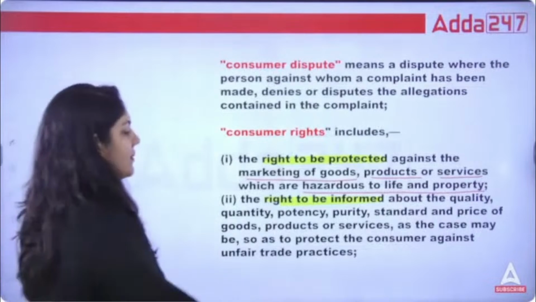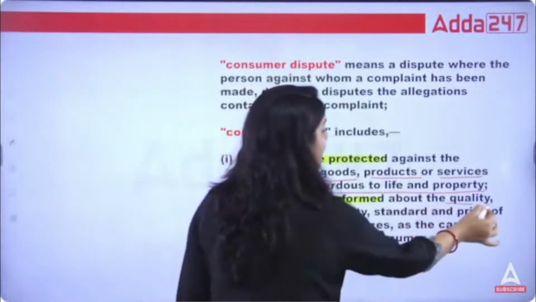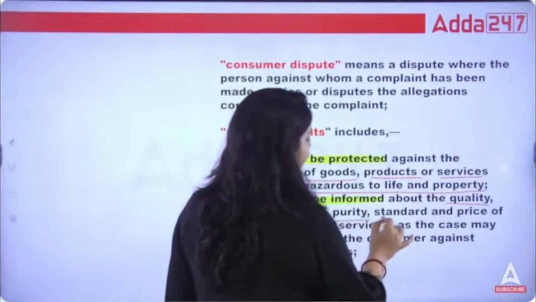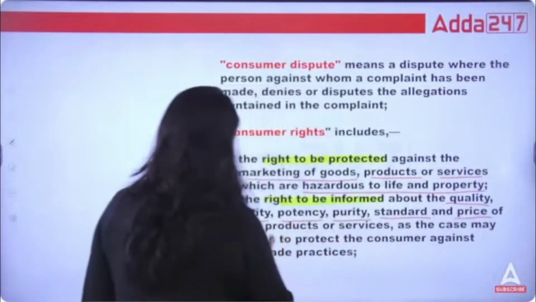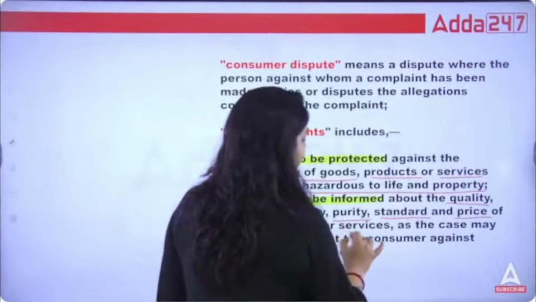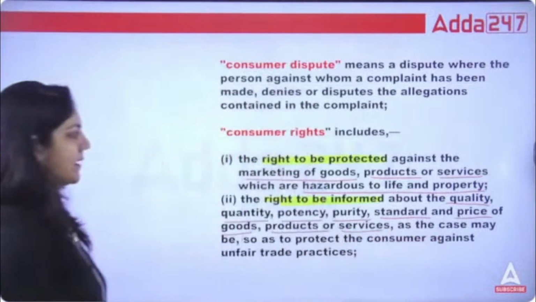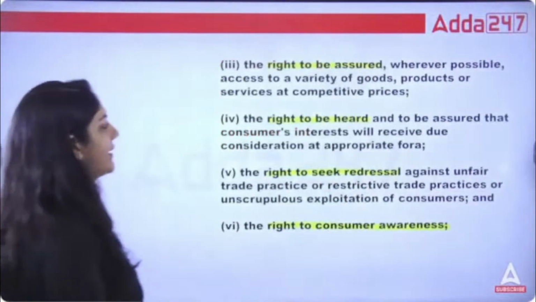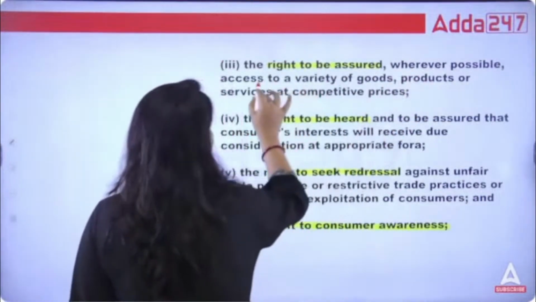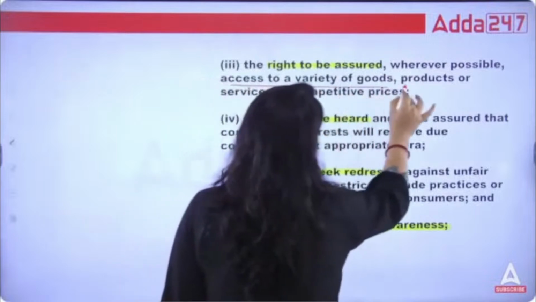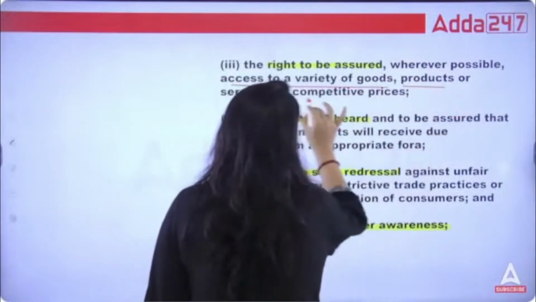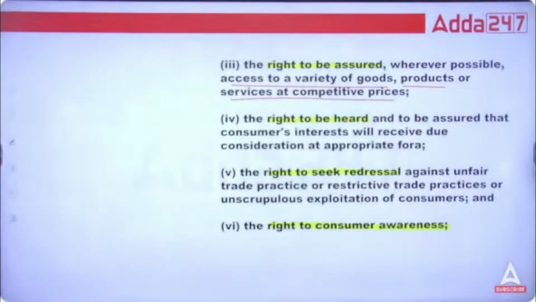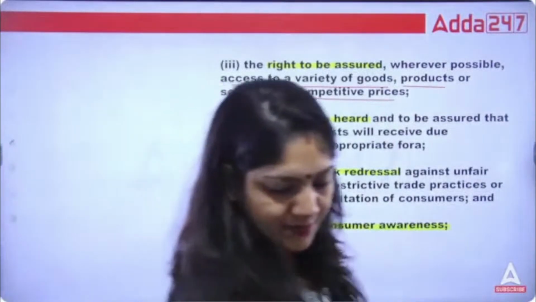Right to be informed about the quality, quantity, potency, purity, standard, and the price of goods, product, services, etc. Next, right to be assured, wherever possible, access to a variety of goods, product and services at competitive price. That is important.